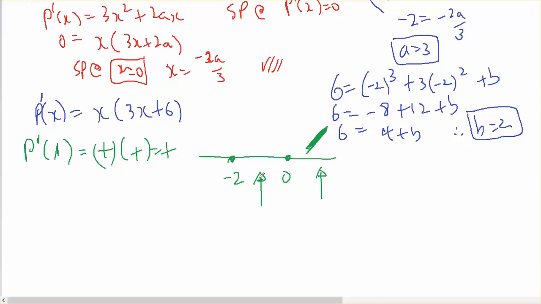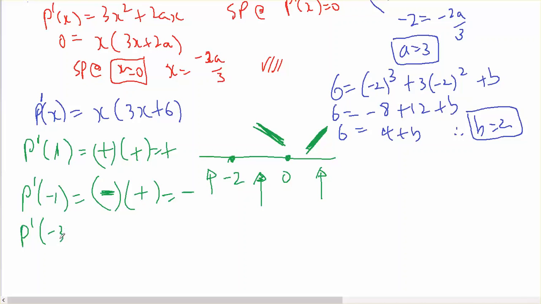I'll choose a number in here like -1. p dash of -1 will equal, if I put a -1 where the x is, I get negative. If I put a -1 there, I get -3 plus 6, which is positive. Negative times positive will be negative, therefore it's going to have a negative gradient in here. And then choose a number the other side of -2.